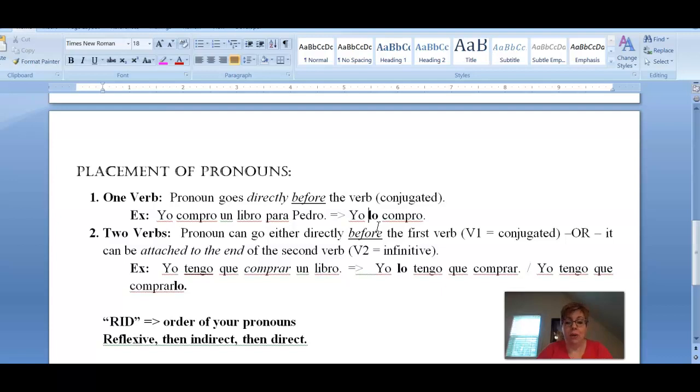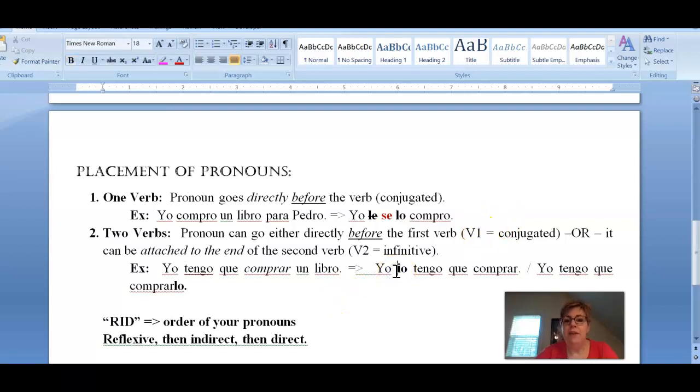And so it's going to go le lo, because it's going to go indirect, then direct. Okay? You can't have le lo. That's a tongue twister. And since that's a tongue twister, we can't use le. If they both start with an L, you can't do that. Okay? You got to change the le to a se. So, yo se lo compro.